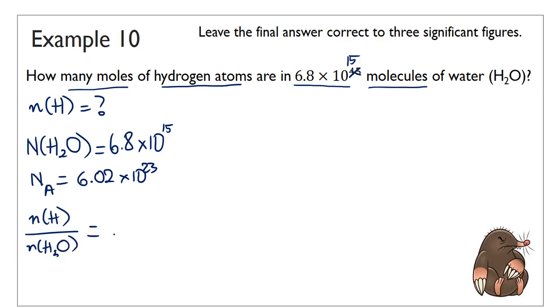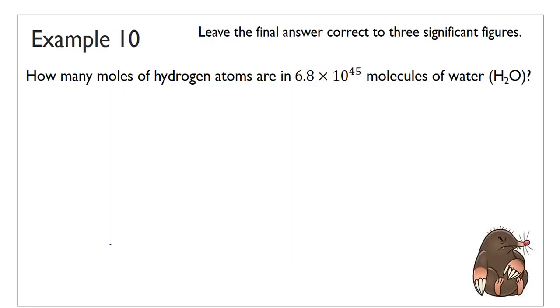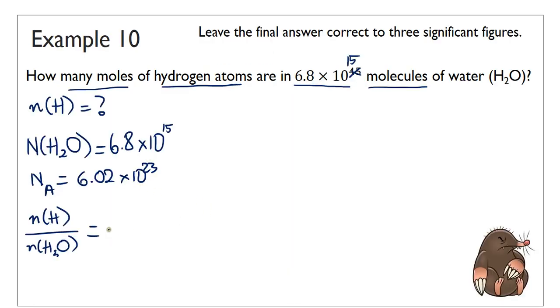So this ratio is the same as this ratio. I'm just taking the reciprocal here. So in order to make 1 molecule of water, I need 2 hydrogen atoms. So you're going to have to use all of that information to do this question. This is my starting point, the number of hydrogen molecules. So sorry, the number of water molecules. So I'm going to convert this to the number of mole of H2O.